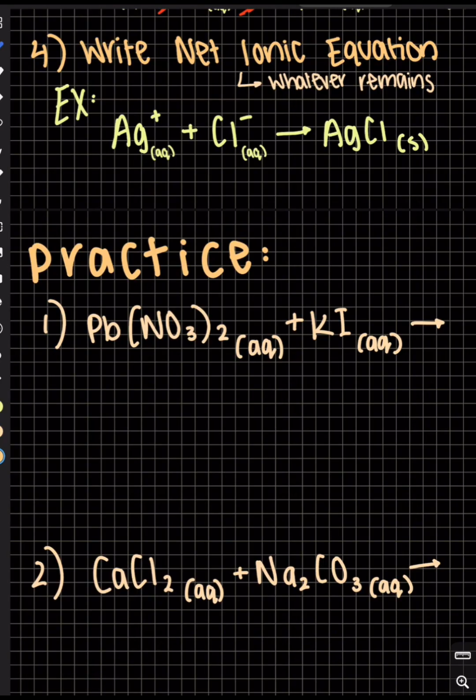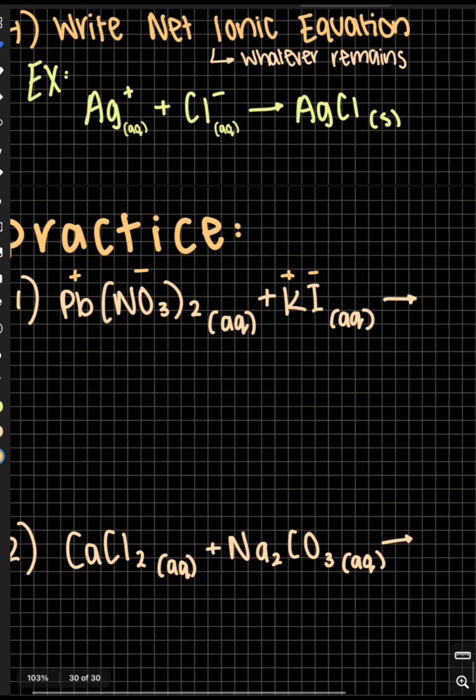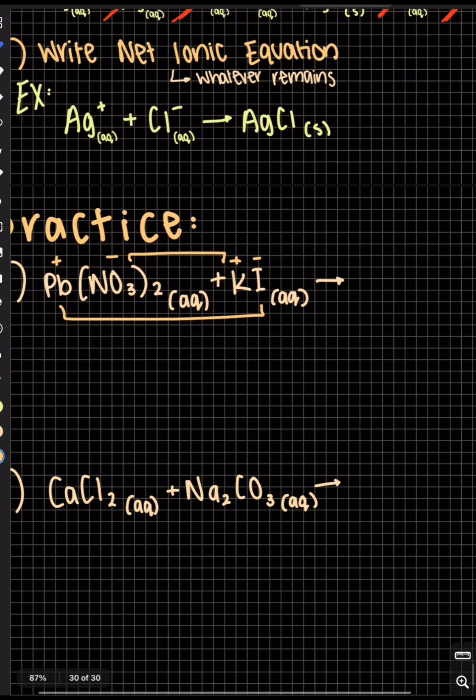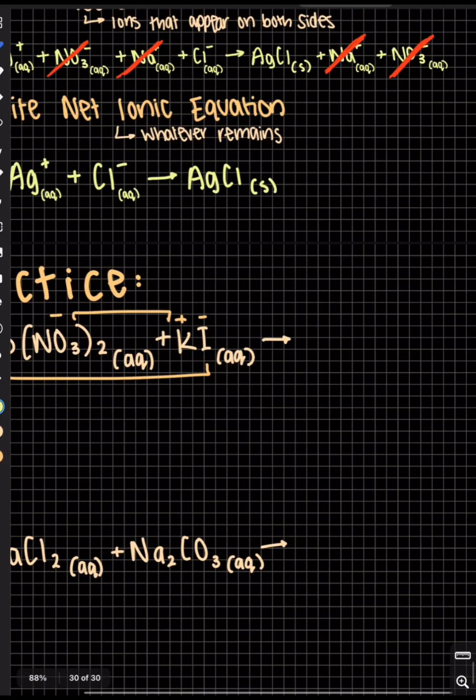Here I see that I have a double replacement reaction happening, because of the positive lead and the negative nitrate, and the cation of potassium and the anion of iodide. The positive lead will take the negative iodine, and the negative nitrate will take the positive potassium. So now let's write our product side.